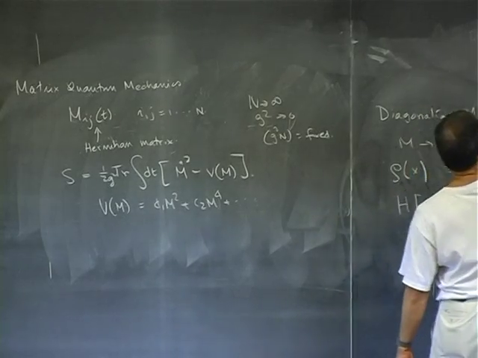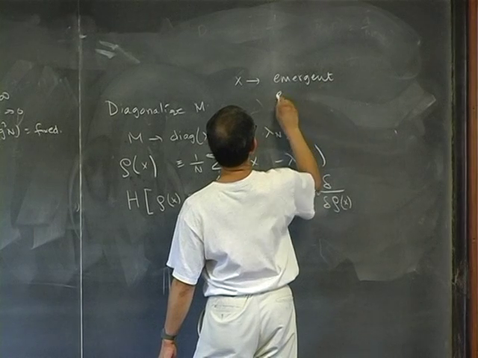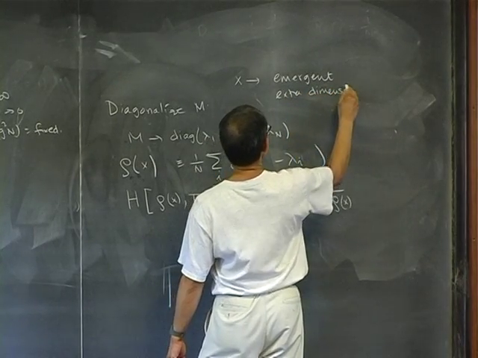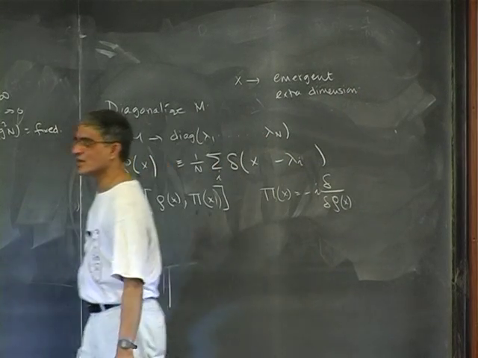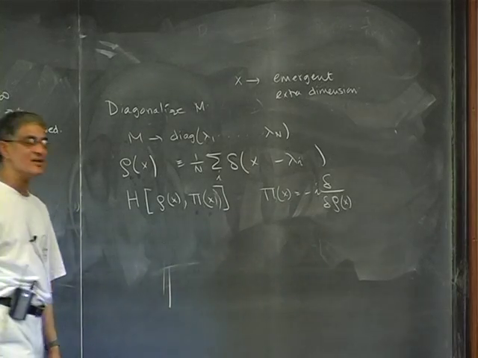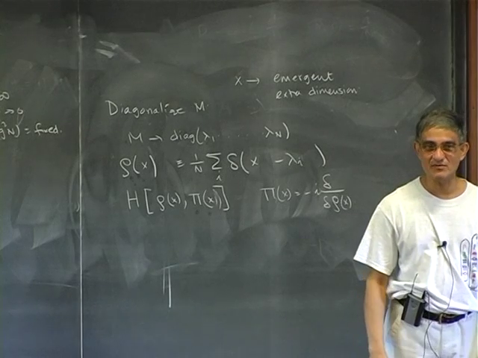So x is actually an emergent extra dimension. It appears that this theory in the large n limit behaves actually as a quantum field theory in one space dimension. We started with quantum mechanics of n square degrees of freedom. We end up with quantum field theory in one dimension.